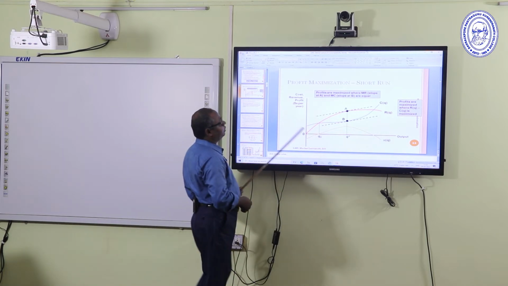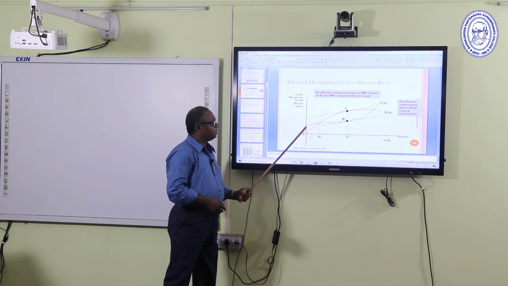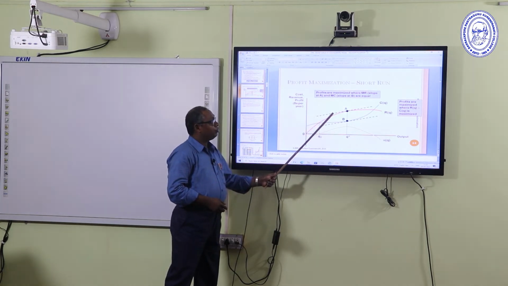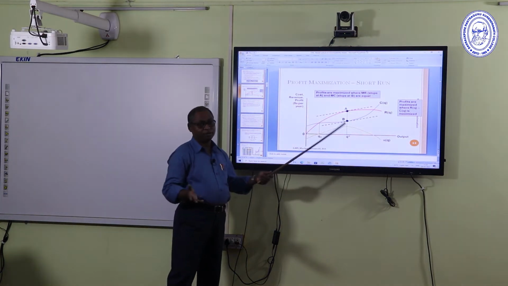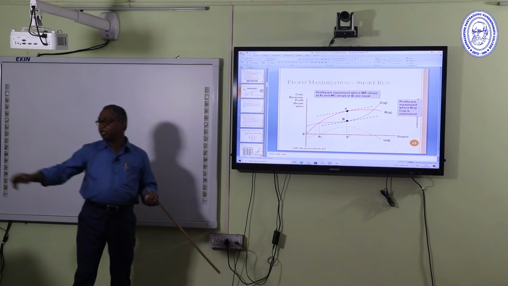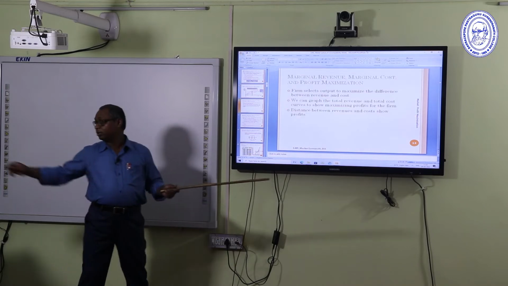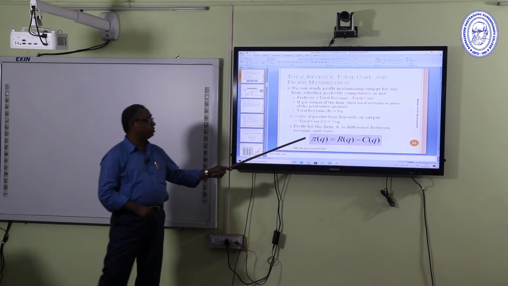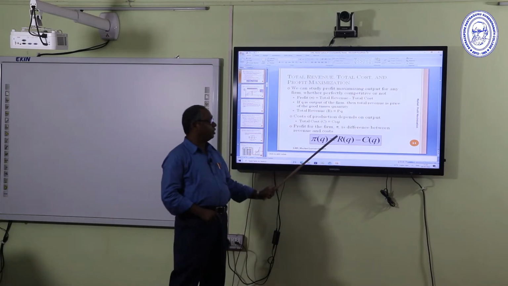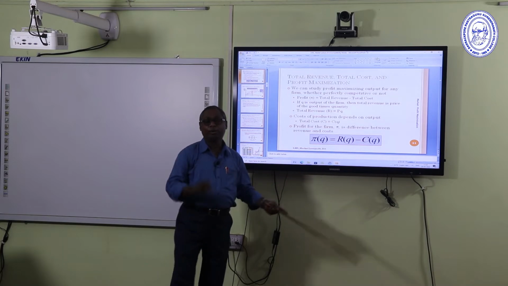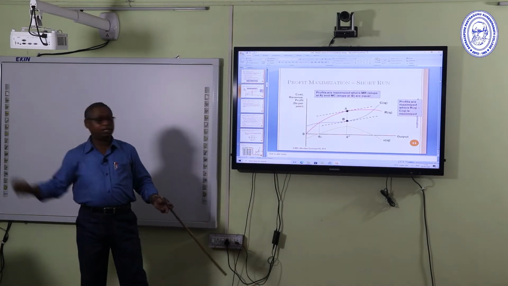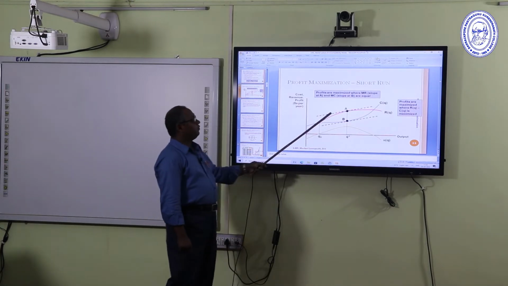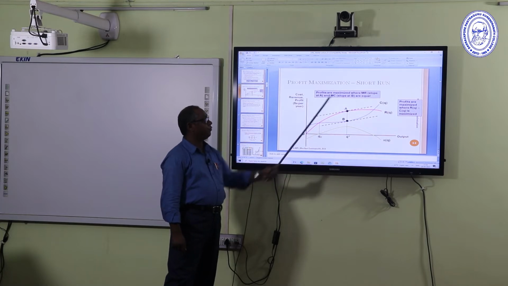Now what you see here is that the difference between the total revenue and total cost function is the profit, as we saw in the earlier equation. In this figure, the difference between the two is the profit.